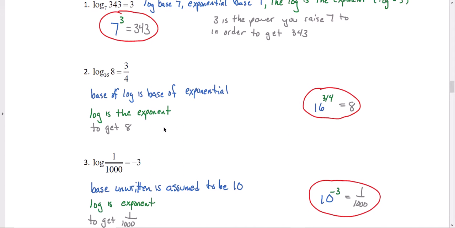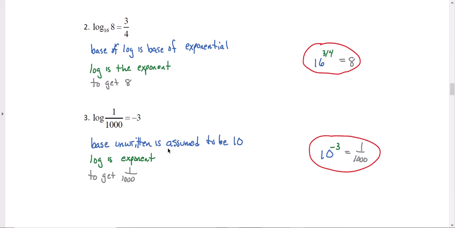The thing about logs and exponentials is, on the exponential part we have the 8 by itself, whereas inside the logarithm, it's not. So we go back and forth between logs and exponential functions in order to rearrange and isolate different parts of it. Whenever the base of the log is unwritten, it's assumed to be 10, because most of us have 10 fingers and 10 toes. It's just a common base to use.